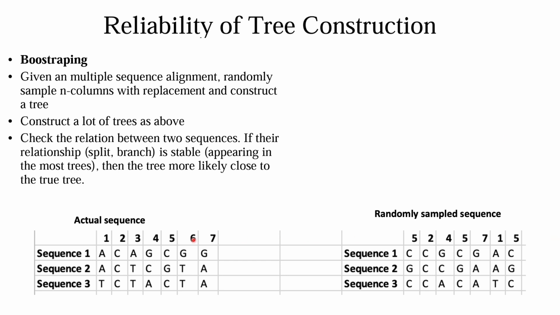So, to do this, the sequence is randomly sampled from the original sequence, and a tree is constructed using the new sequence, and its similarity for each branch with the original tree is computed. So, this is done about 100 times, and the average confidence percentage value is considered to be the bootstrap value.